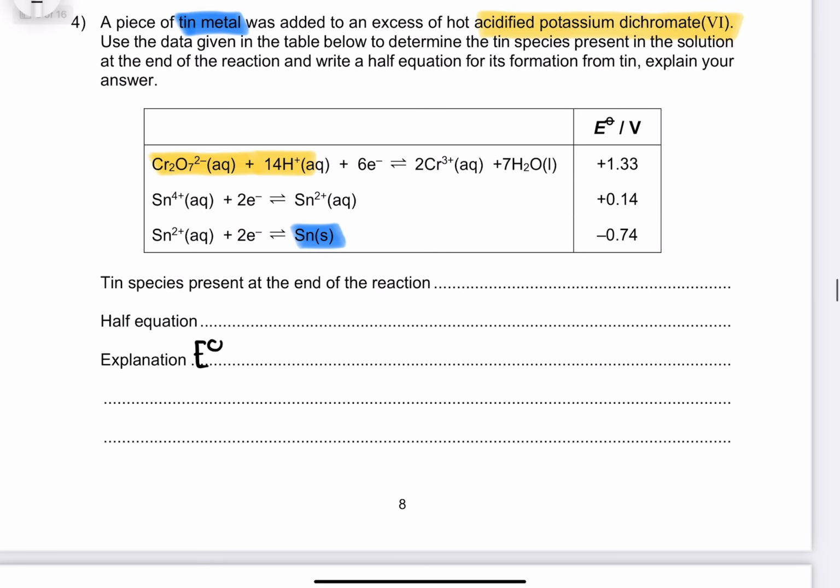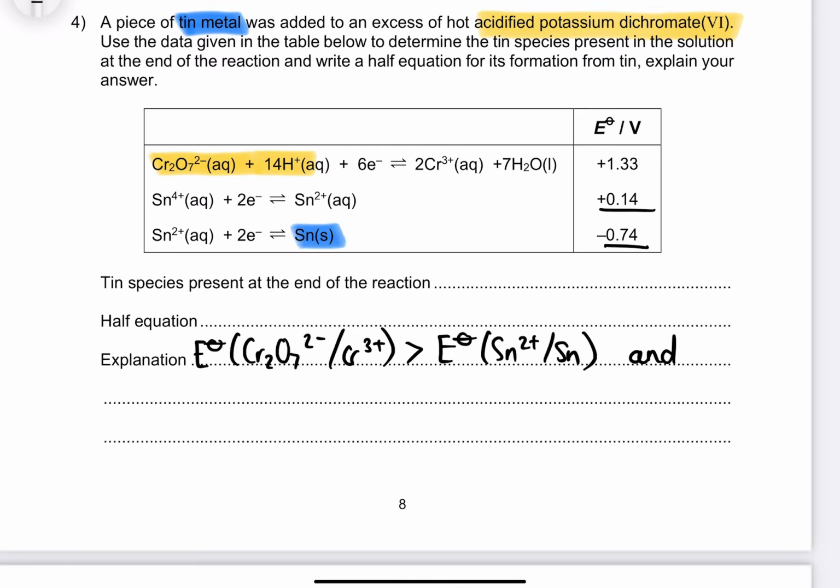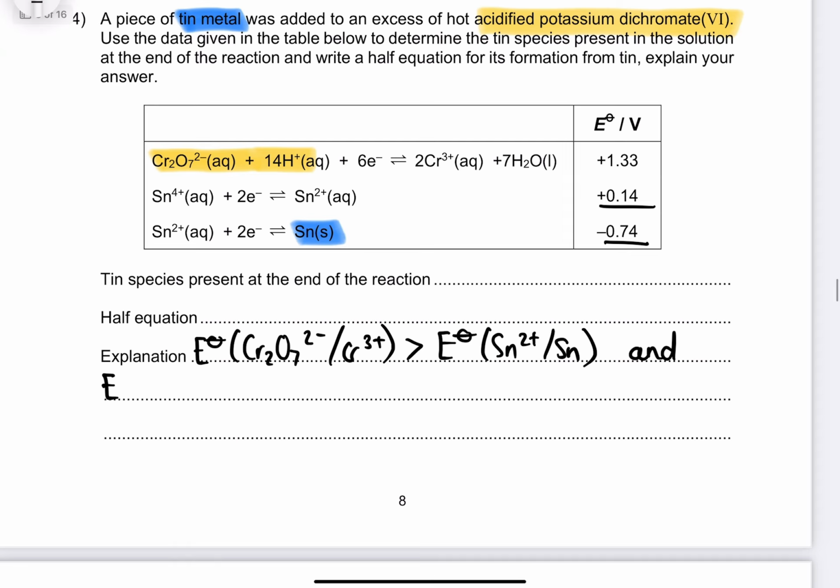The standard electrode potential for dichromate chromium 3+ is greater than Sn2+/Sn. So what that means is that tin is going to get oxidized to Sn2+ by dichromate, but what you can see is that as well as being more positive than that, it's also more positive than the other one.